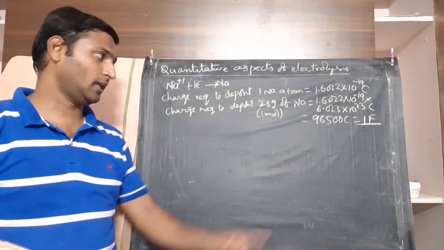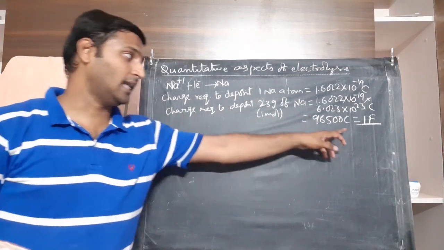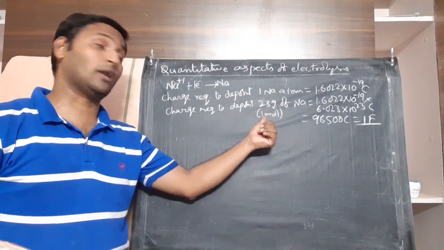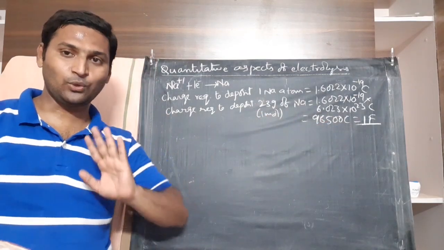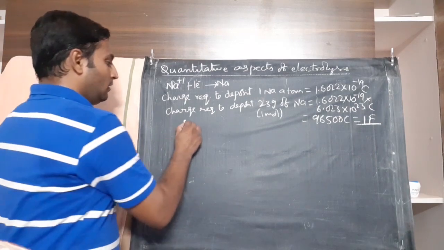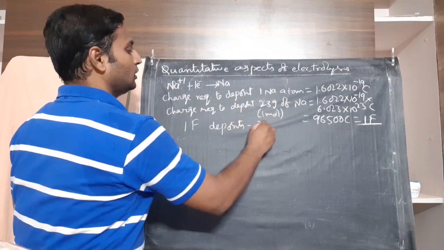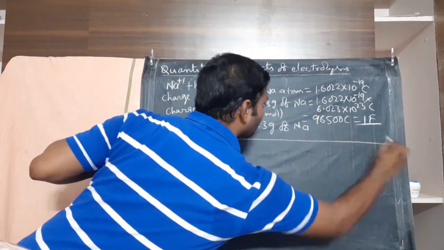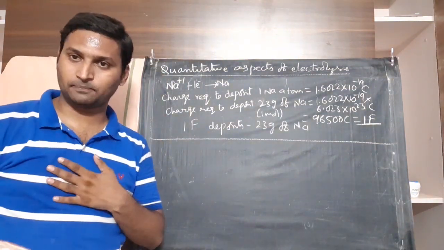Already I have explained to you when I was teaching free energy change that Faraday is the special unit of charge and represents charge on 1 mole of electrons, and that will be 96,500 coulombs. Now you understood that 1 Faraday deposits 23 grams of sodium. Point noted. 1 Faraday deposits 23 grams of sodium.